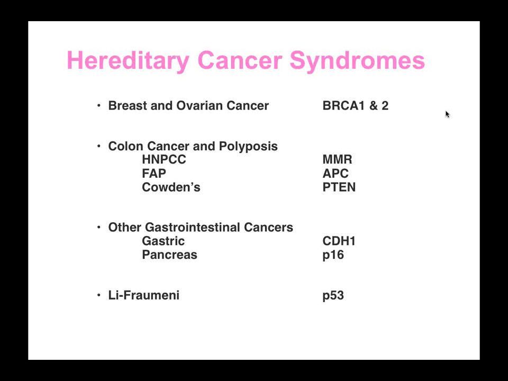We have also described other inherited changes predisposing to pancreas and gastric cancer, and they're listed here. And then there is a syndrome called Li-Fraumeni syndrome that predisposes to multiple common cancers and is very penetrant in terms of the number of affected individuals ultimately developing cancer in their lifetime, and these can be of various types.